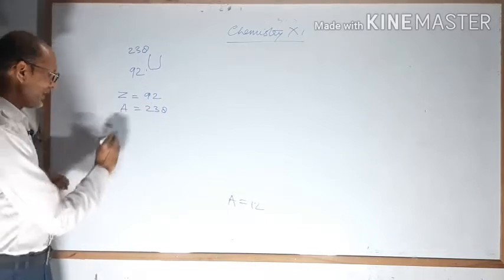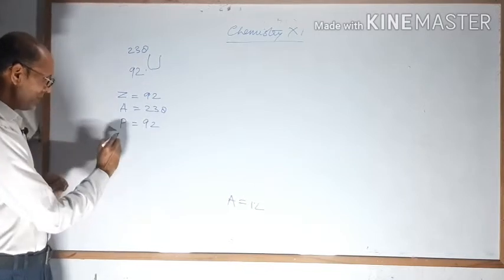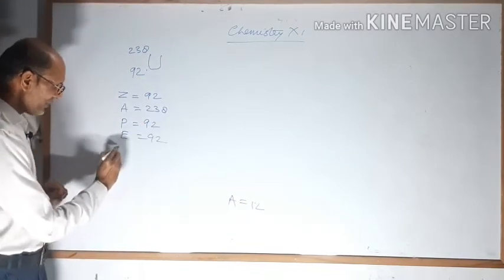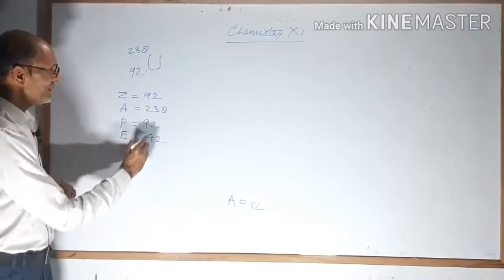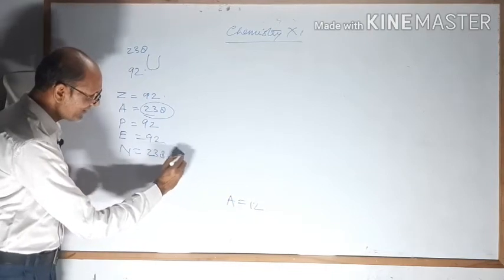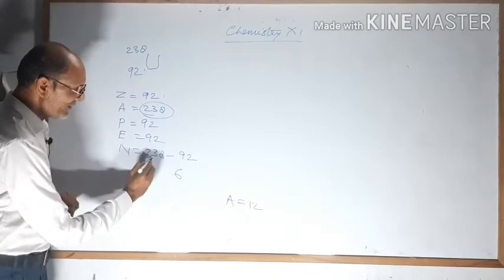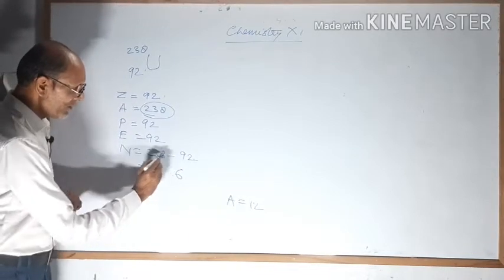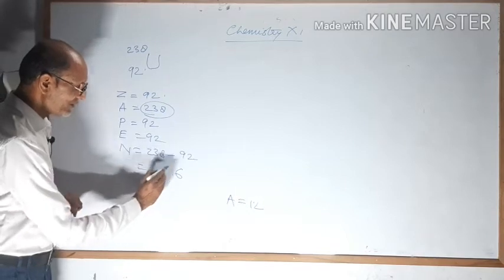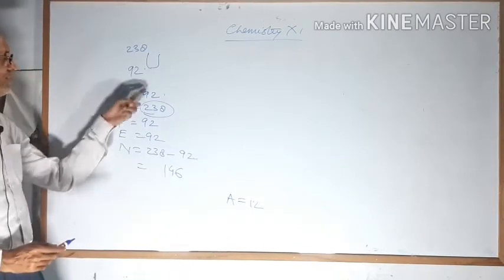The number of electrons is equal to 92. The number of neutrons equals 238 minus 92. So you will get 6 here, and 12 minus 9, that is 4... that means 146 neutrons in uranium.